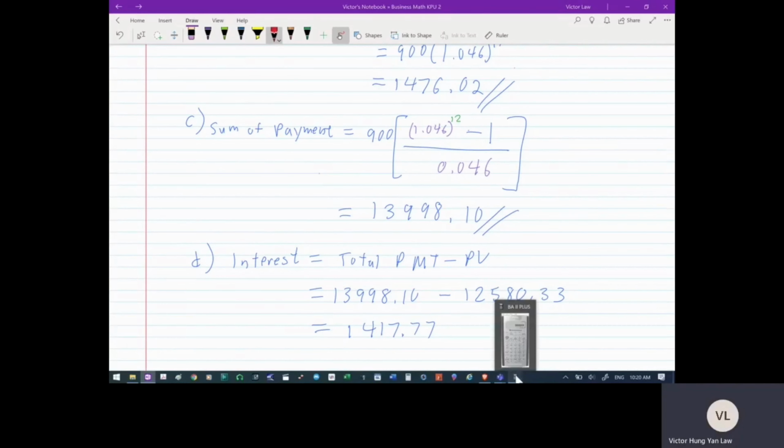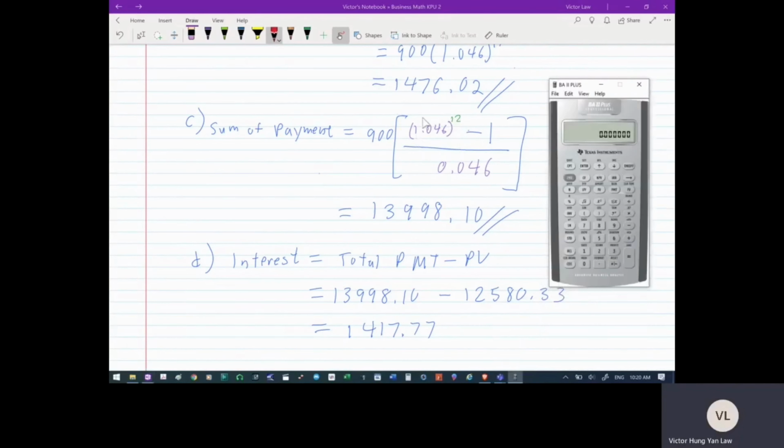I'll show you that. You type 1.046 to the power of 12 first, and then minus 1. You do the numerator first in this case. So 1.046, then y to the power of x, then 12, and then equal. That gives you 1.046 to the power of 12, and then you minus 1.